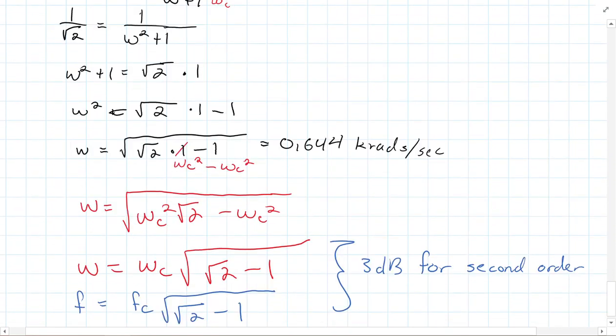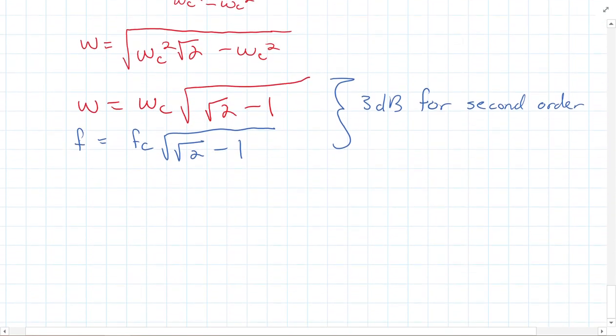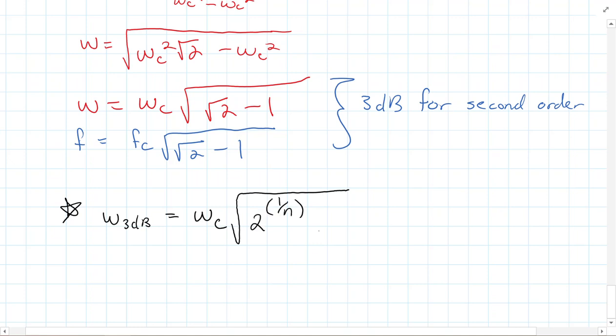So doing a little bit of algebra, I'm going to skip it, but what you wind up with here is a general equation, and this is the important one from this here, is that my 3 dB point is going to be omega c times the square root of 2 to the 1 over n power minus 1, where n is the order.